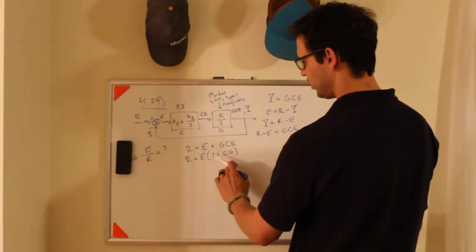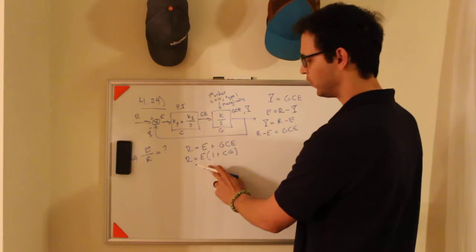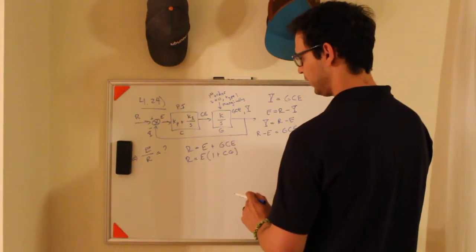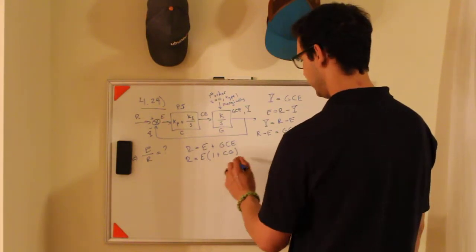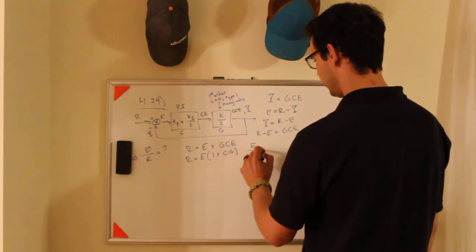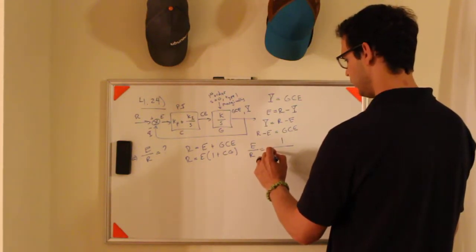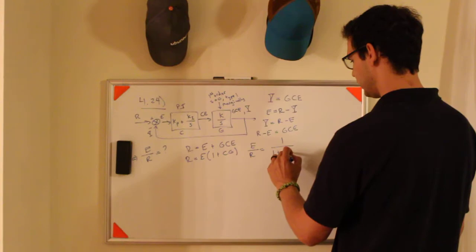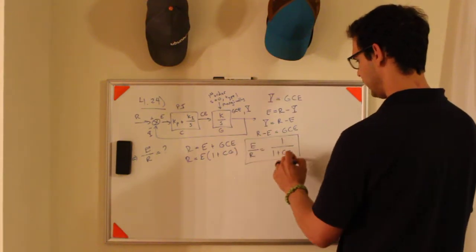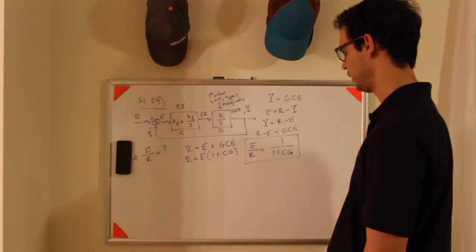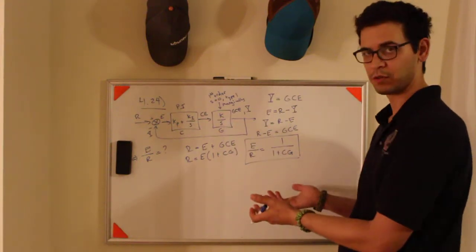I moved the C and the G because I feel like I've seen this before. If I divide by R and then divide by this side, I get E over R is 1 over 1 plus CG. Again, there's probably a formula in your book, but I basically just derived it for you.